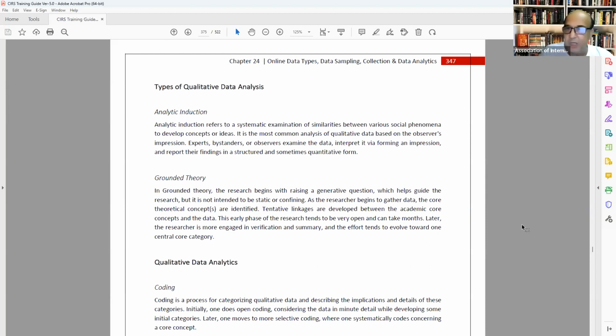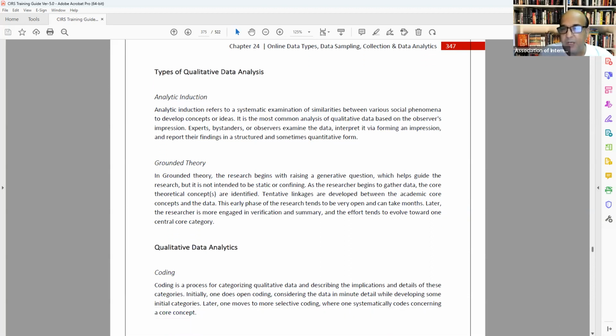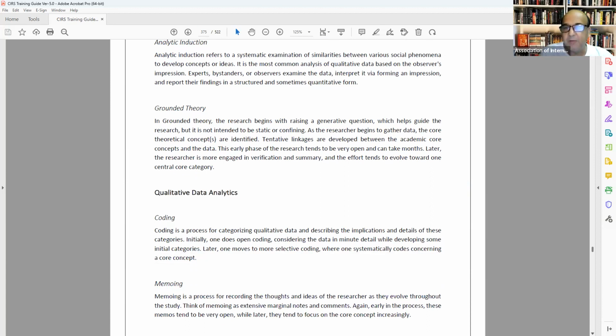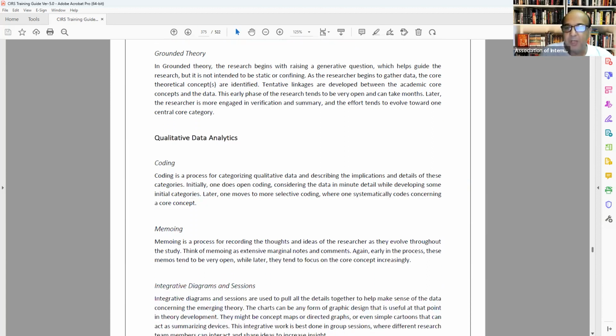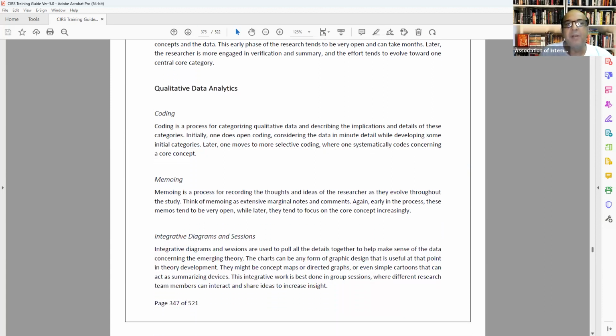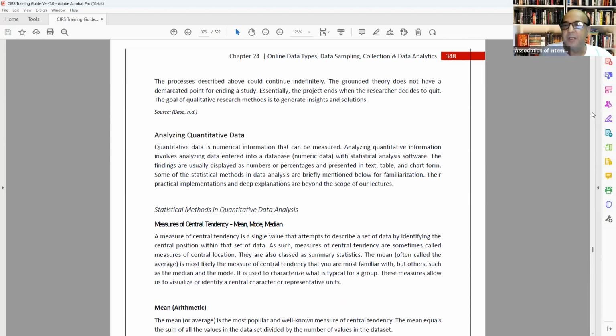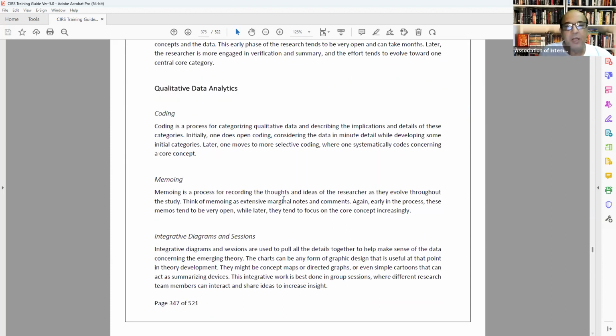That is grounded theory. Now, to collect the information in qualitative research, there are different ways in which you can do that, and even those ways are given names. For instance, there is something called coding, which is like hashtags.